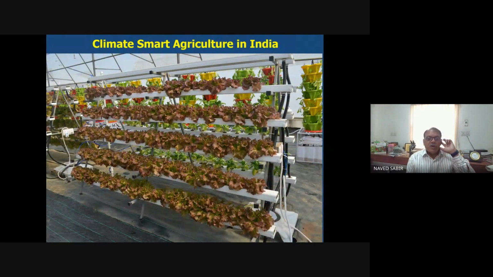Climate smart agriculture these days means protected cultivation, vertical farming and hydroponics. They are using a lot of sensor-based data, with sensors for the control of moisture, the control of temperature, and the control of oxygen demand, bio-oxygen demand.